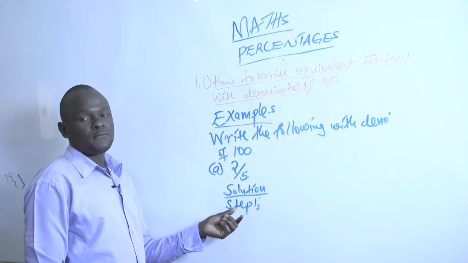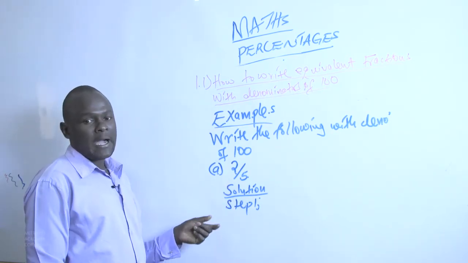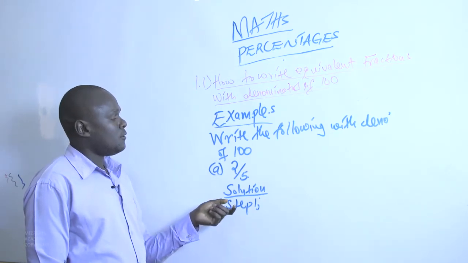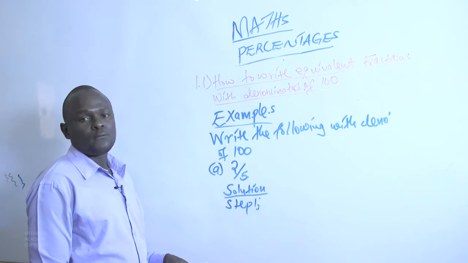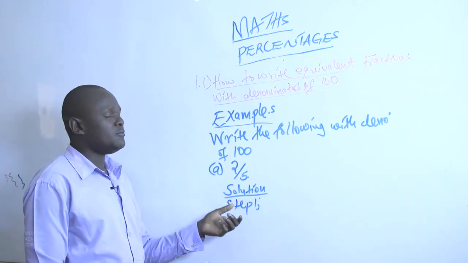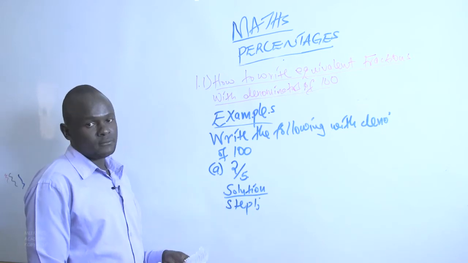It will be easy for us to get an equivalent fraction if 100 is a multiple of 5, or a multiple of that denominator in the fraction that we are given.